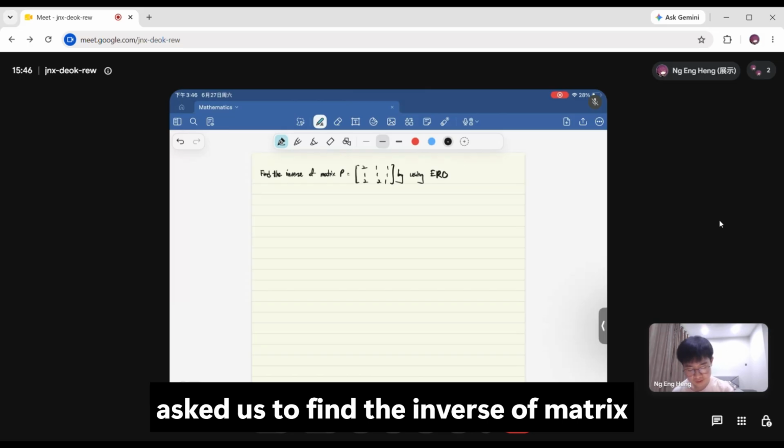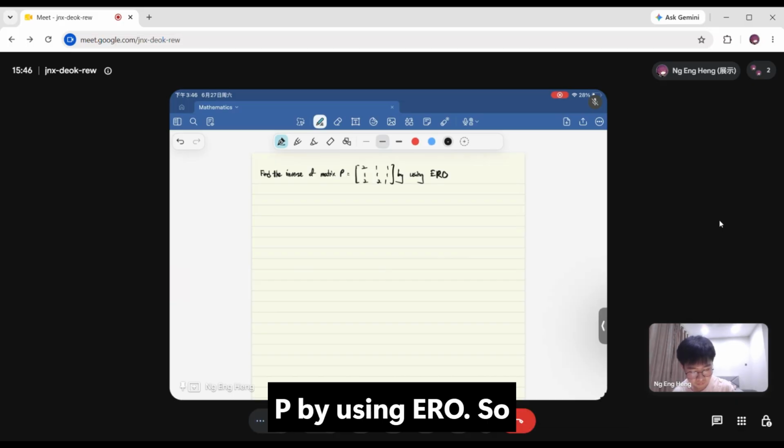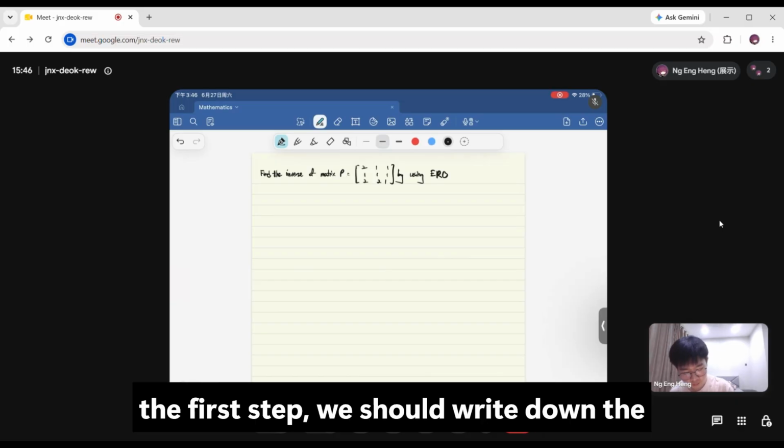The question asks us to find the inverse of matrix P by using ERO. So the first step, we should write down the augmented matrix first.